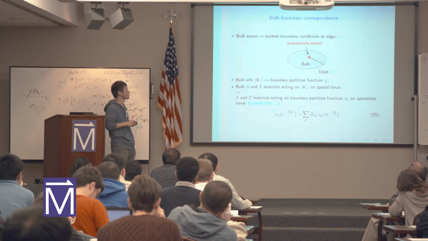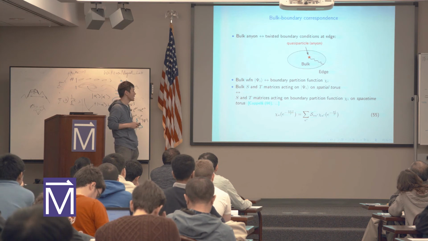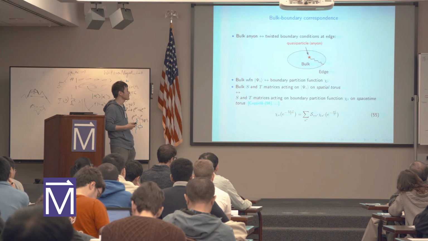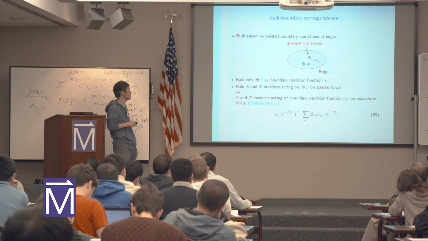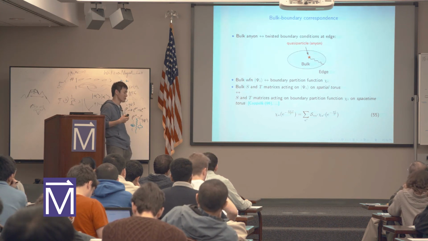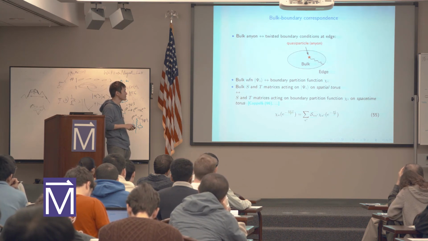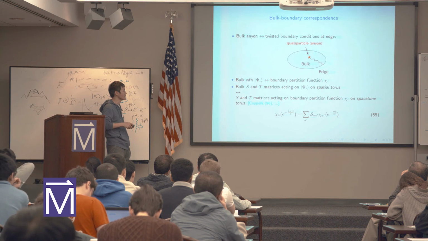The partition function of the edge theory, under adiabatic deformation of the space-time torus, transforms pretty much like the bulk wave function transforms under adiabatic deformation of the spatial torus. So from the transformation properties of the space-time partition function in the edge theory, you can also extract the S and T matrices.